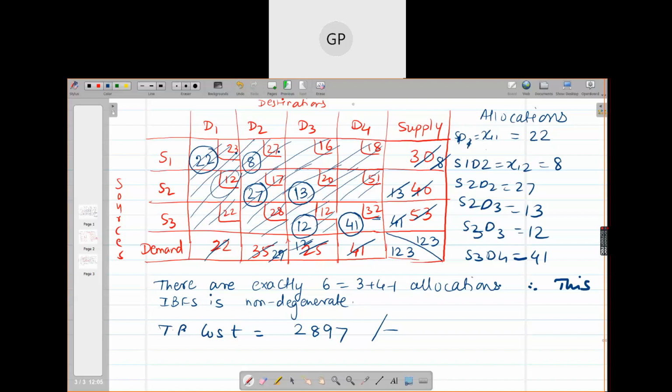Yes, ma'am. Okay, so the same problem now we will solve using the next method. The same problem, and the next method is the least cost entry method. The name itself suggests that we are considering the least costs. Is that clear?